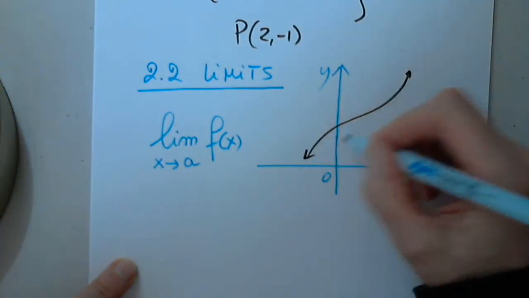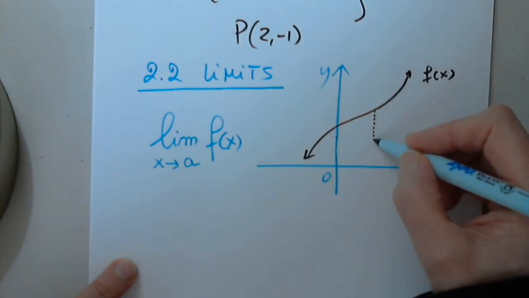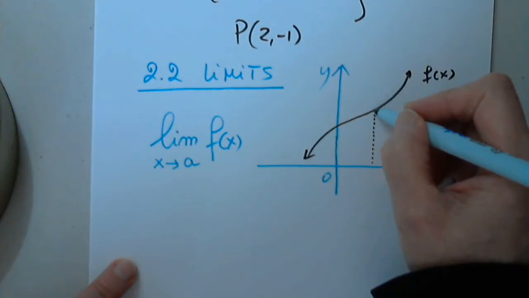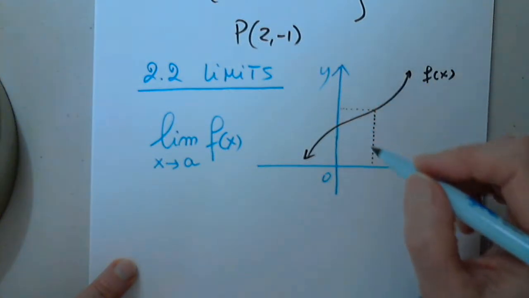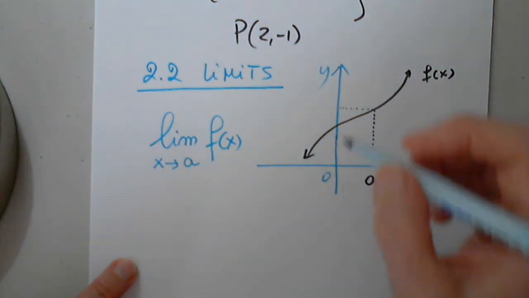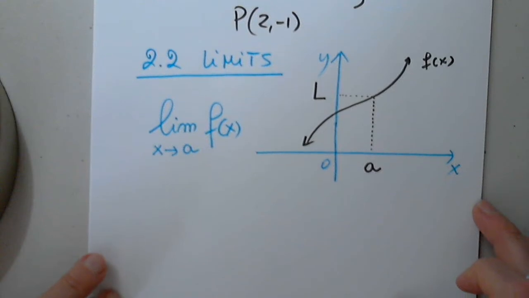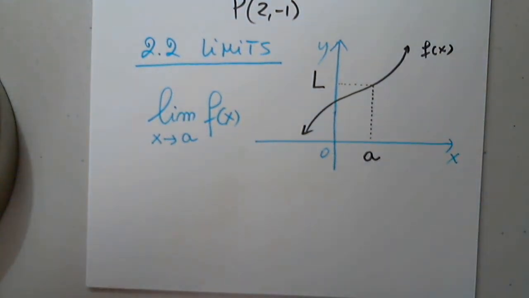So here's a function f of x. And here's a point. And I'm going to say that this is A, lowercase a, and this is uppercase L. So now I would like you to imagine motion, meaning and tendency.